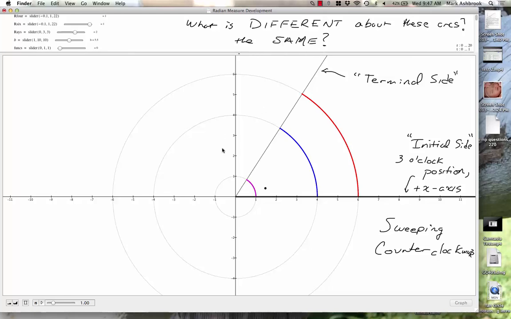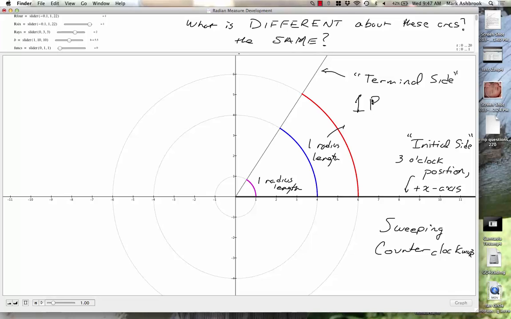So this is one radius length. No matter which circle you choose, one radius length. And so we call that angle that cuts off one radius length of arc length 1 radian.